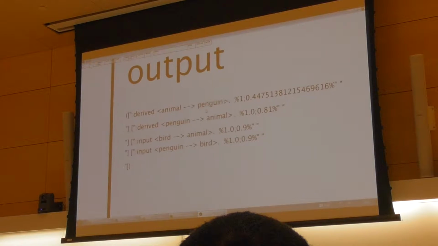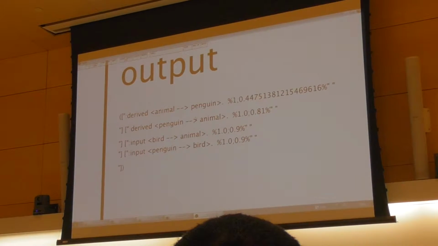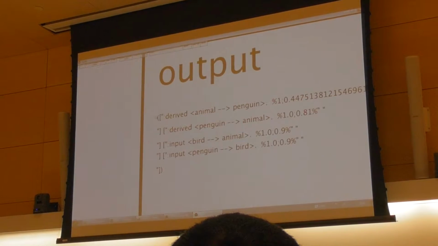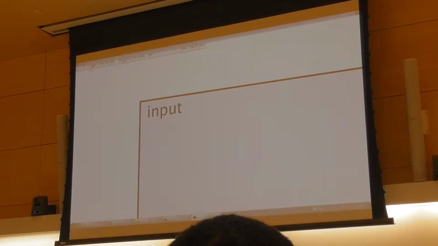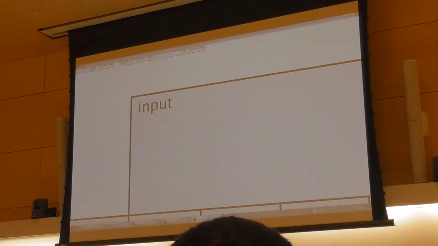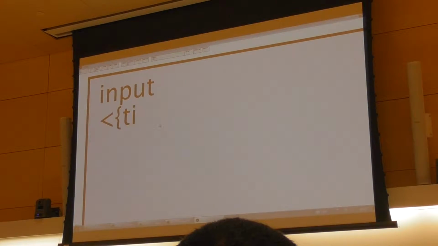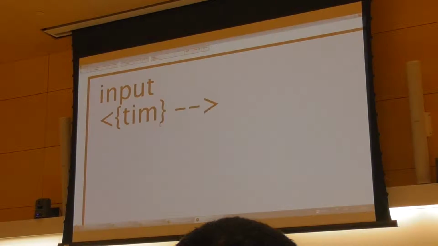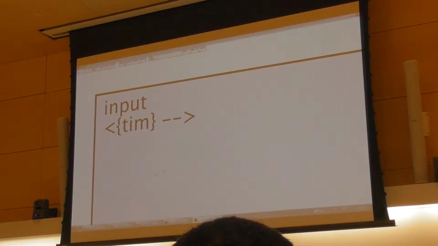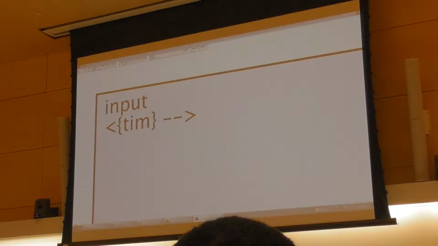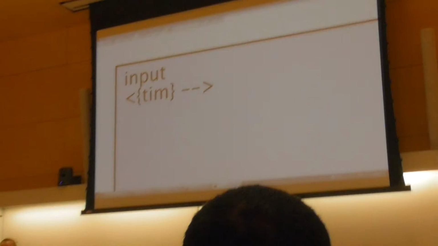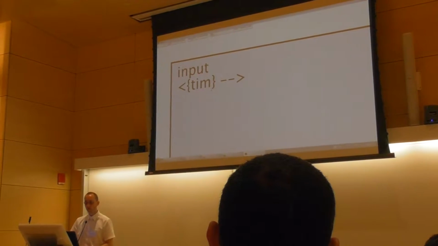More interesting for many people are cases like the abduction rule. Let's reset it. And let's say, for example, that dim is an instance. This is why we write it this way, because it cannot be further specialized.